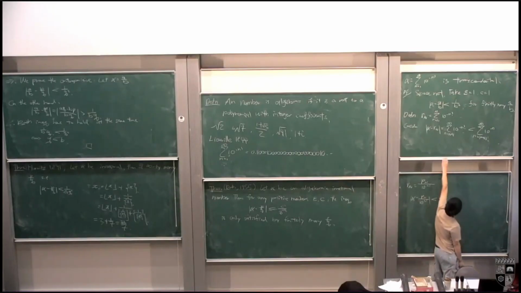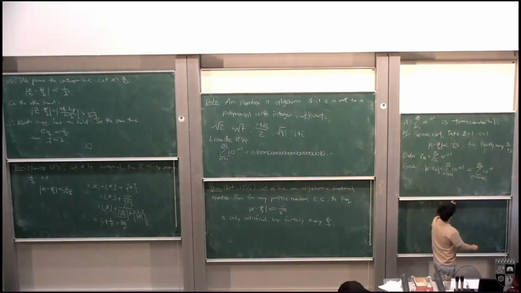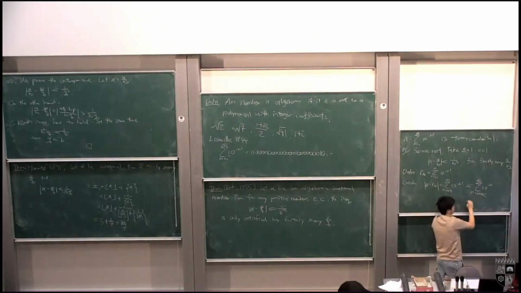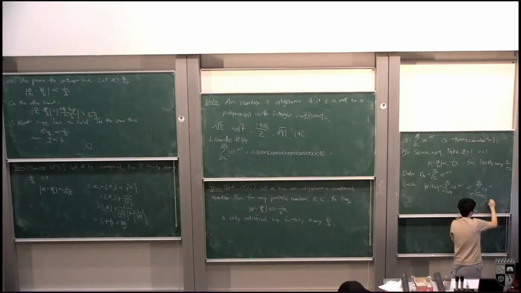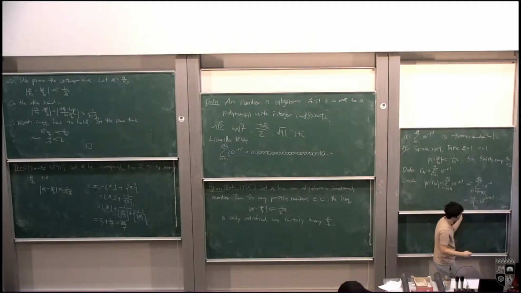Okay. This is a geometric series. So this is 10 over 9 times 10 to the power of minus n plus 1 factorial.